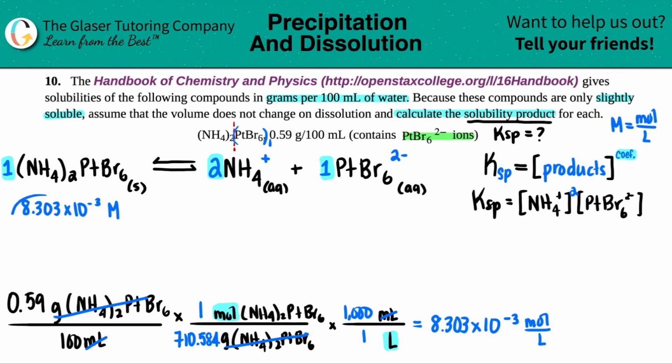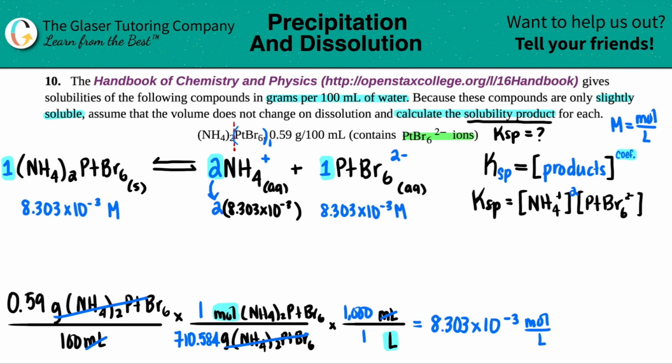So whatever this number is, this has to be 2 times the amount. But since this one is only 1 to 1, it's the same number. So this is 8.303 times 10 to the negative third molarity.